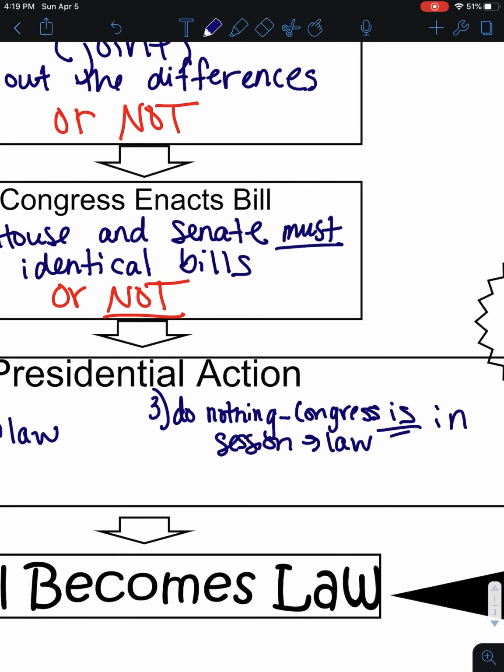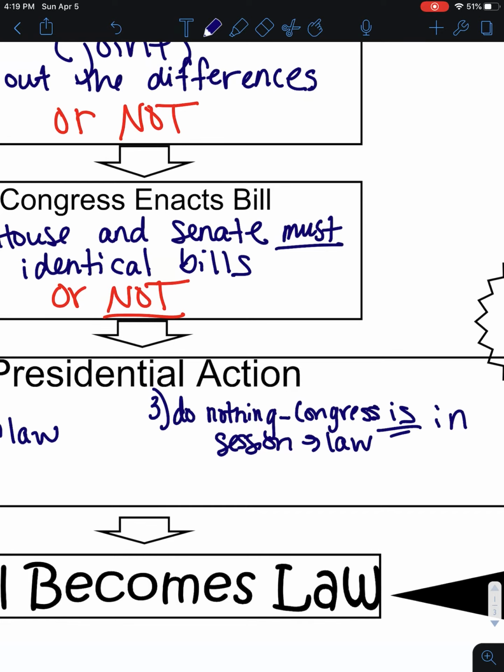So if the president decides, I'm not going to sign this, I don't like this bill, it doesn't line up with my ideology, but I know if I veto it that Congress will override, then it's not worth vetoing it. So I'm just going to do nothing and let this turn into a law. And after 10 days, that bill becomes a law. So if the president doesn't do anything and the bill sits on his desk for 10 days and Congress is in session, that bill becomes a law.